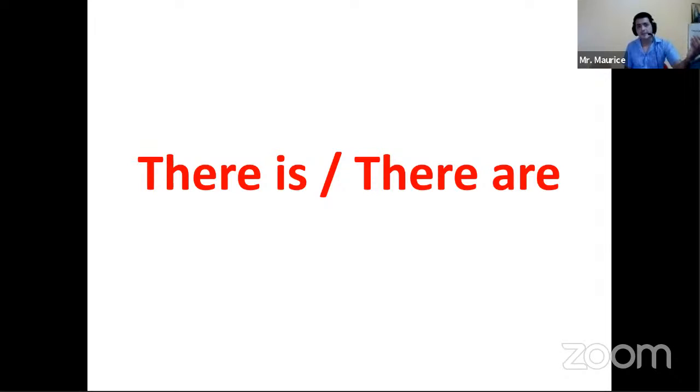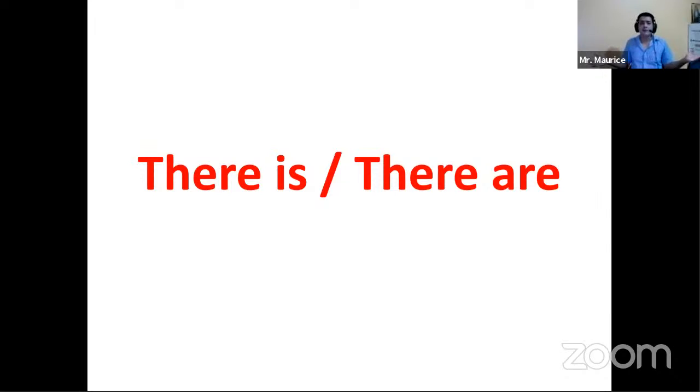Hay. Esta palabra nos ayuda a denotar la cantidad de cosas que hay. Hay una manzana, hay 5 sillas, hay un estudiante, hay 50 docentes. Cantidades. There is, hay, there are, hay.